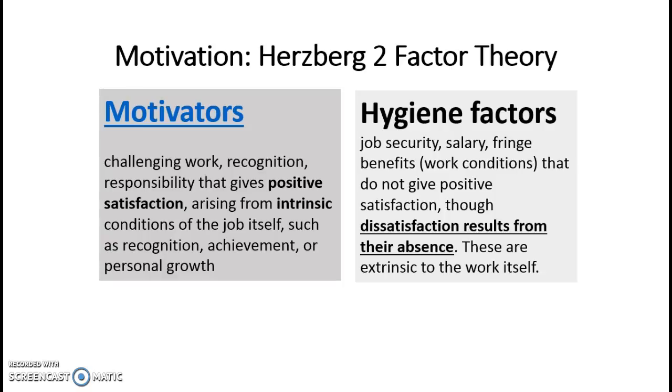And what he was saying is that they didn't give positive satisfaction. They weren't these motivators. Okay? However, if you took them away, there would be massive dissatisfaction. Okay, and these are extrinsic to the work itself. So the actual work itself was the motivator. Okay, in the instance of the hygiene factors, they are just things outside of the work itself.